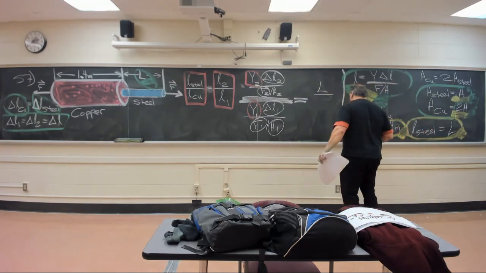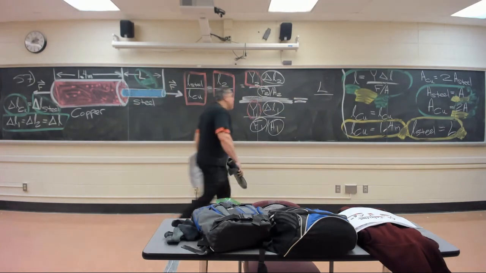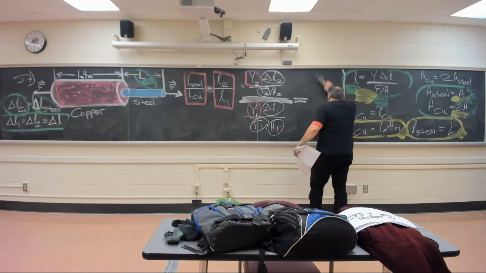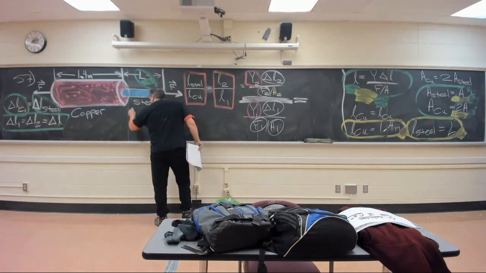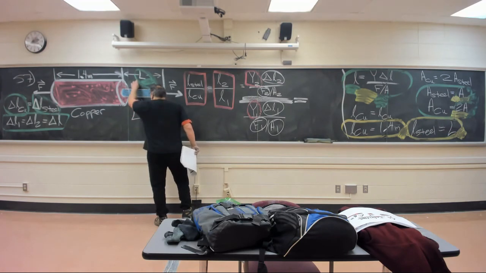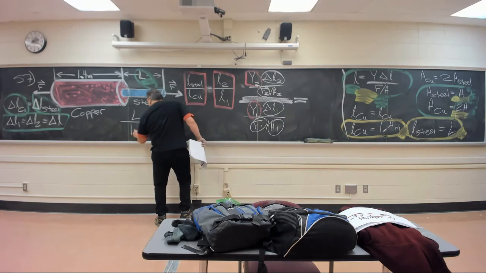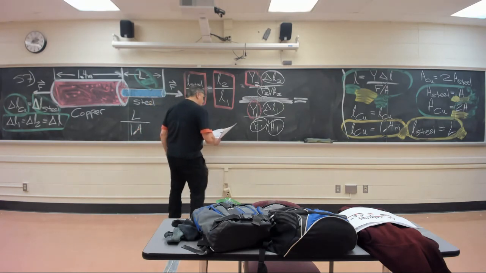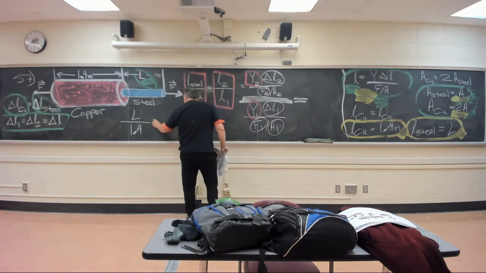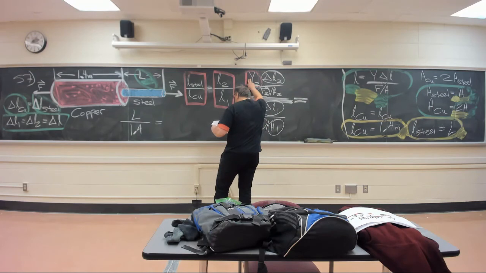Let me go somewhere else, guys, I'm not going to have room. Okay, length of the steel, that's capital L. Steel, copper. This guy's the copper's 1.4. All right, let's get down to a little more nitty-gritty with it. This was Young's modulus for the steel, which is 2 times 10 to the 11th.